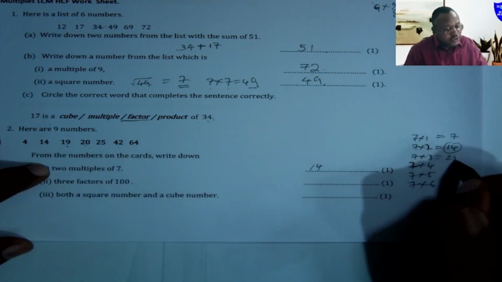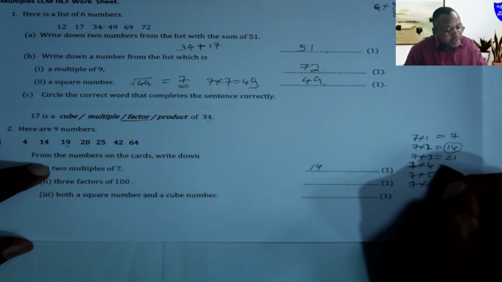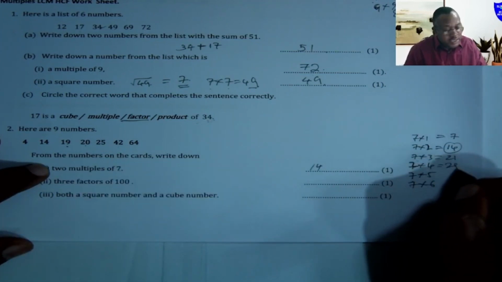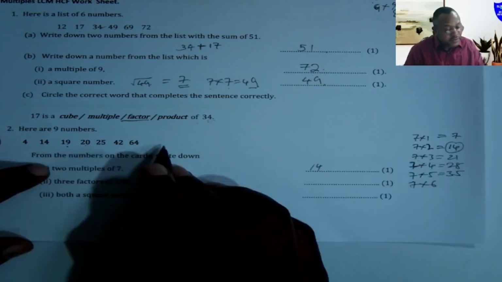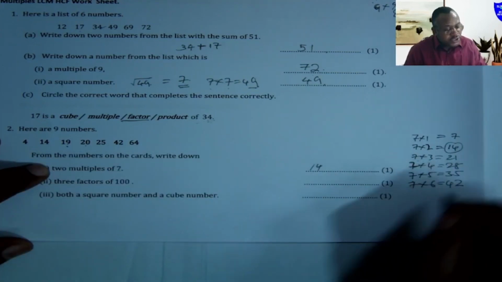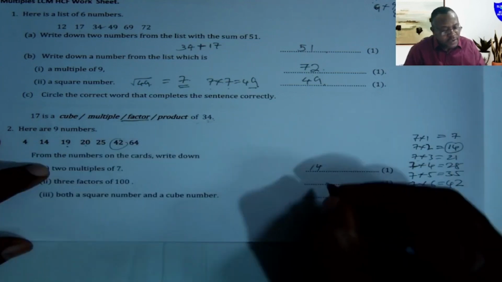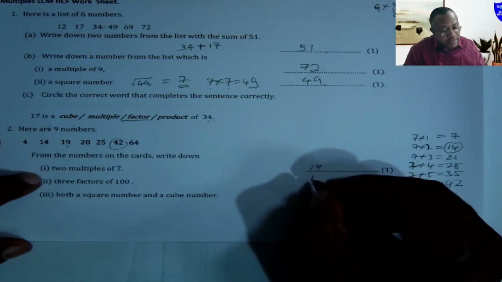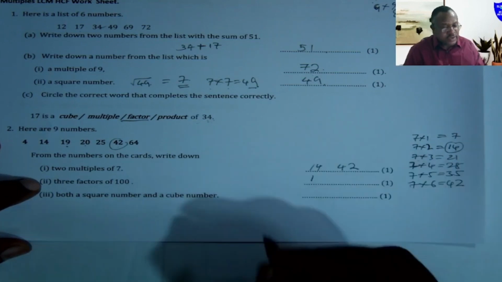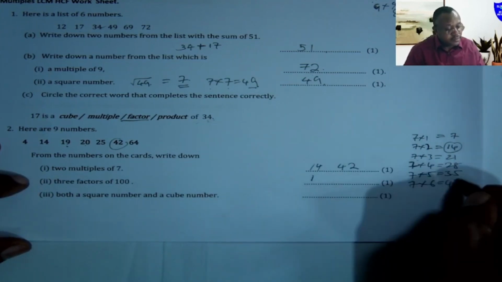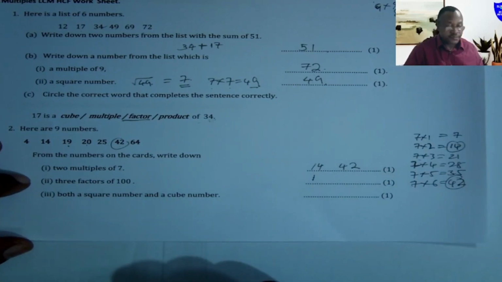This is 21, we don't have 21 there. And that is 28, we don't have 28 there. That is 35, we don't have 35 there. We've got 42, which we've got here, right? So that is 42, that's the second one. Okay, these are the multiples of 7.